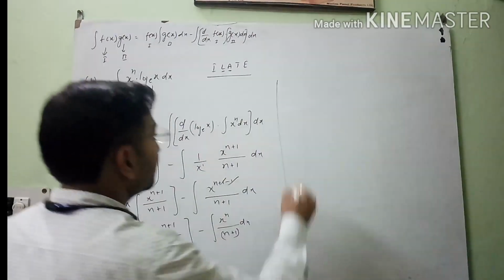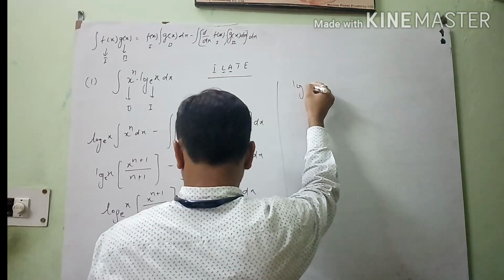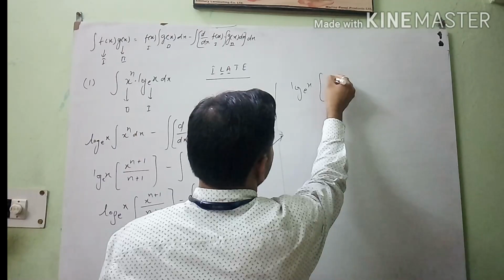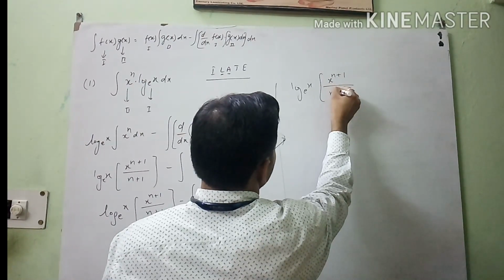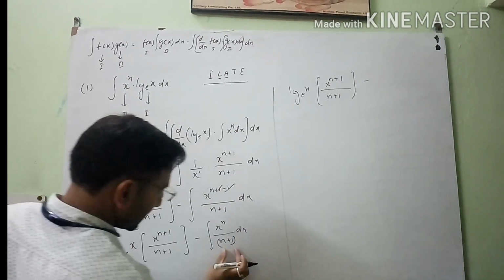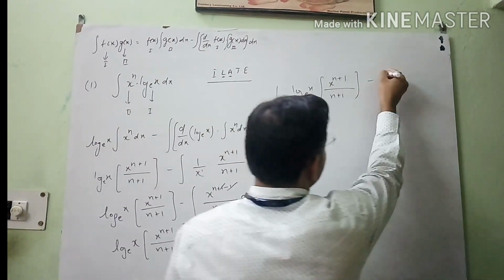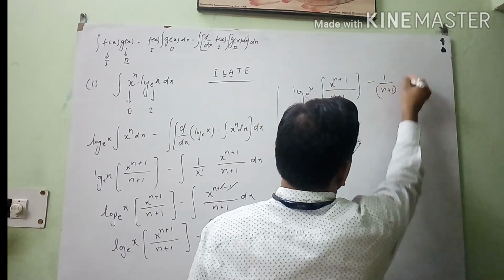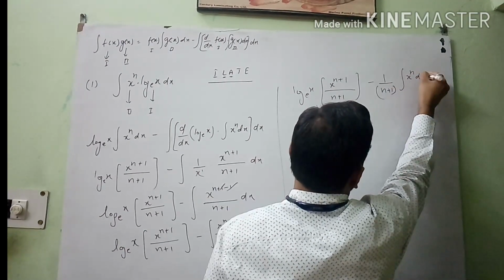So see here, log x, x raised to the power n+1 over n+1, minus, you can take n+1 common from here, 1 over n+1, again the integration of x raised to the power n dx.